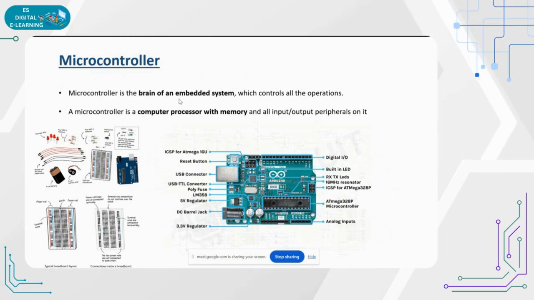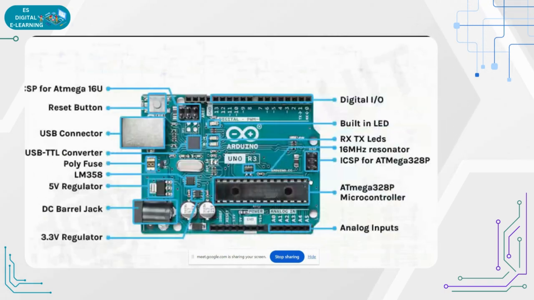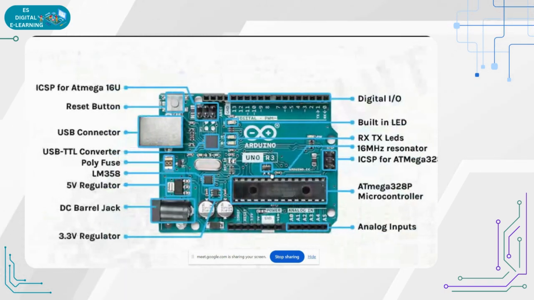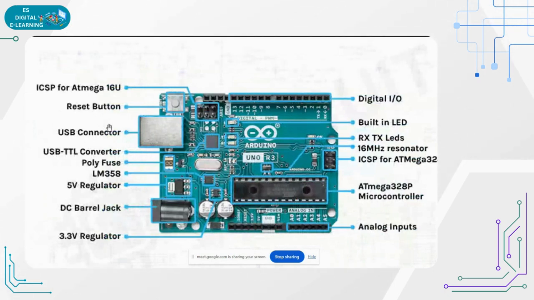A microcontroller is a computer processor with memory and other IO peripherals on it. If you see the basic controllers, like the Arduino controller, initially we had a history of the 8051, which is a basic microcontroller. Now this is a user-friendly controller.